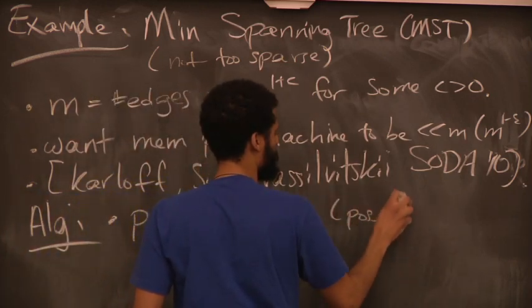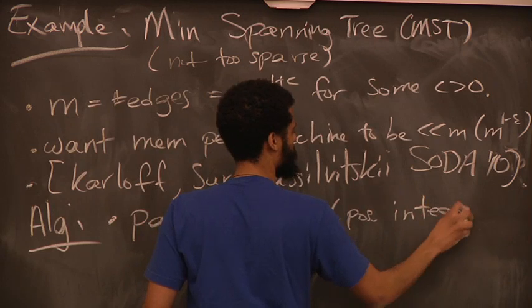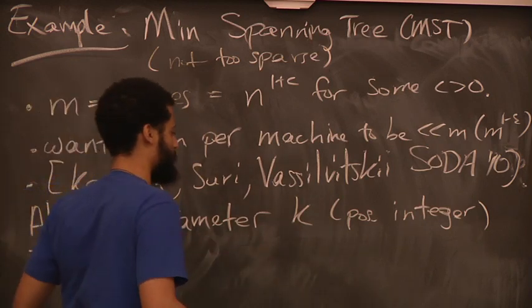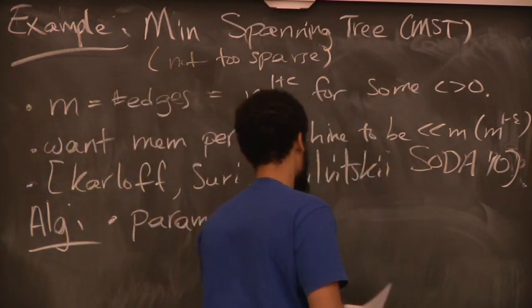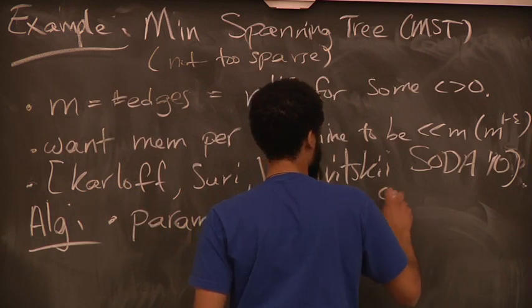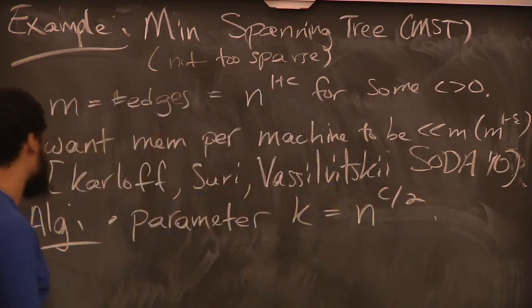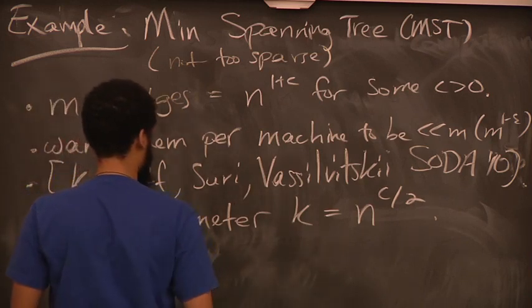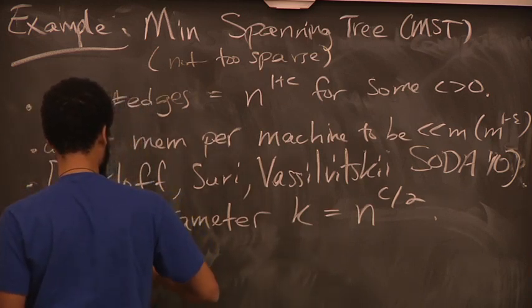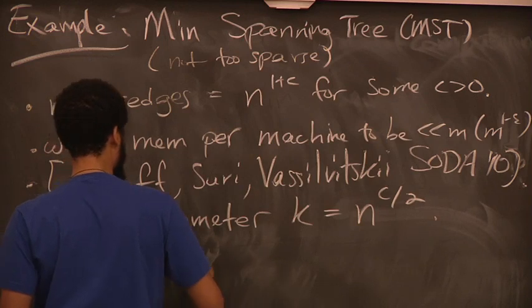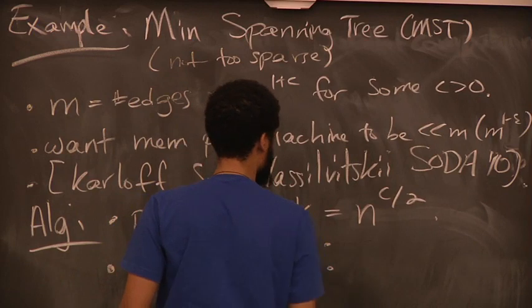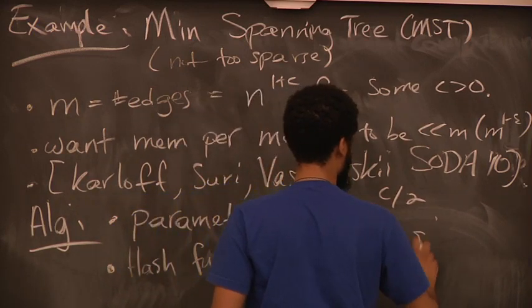Actually, k is just going to be something like n to the c over 2. And what I'm going to do is have a hash function h, which maps vertices into 1 to k.